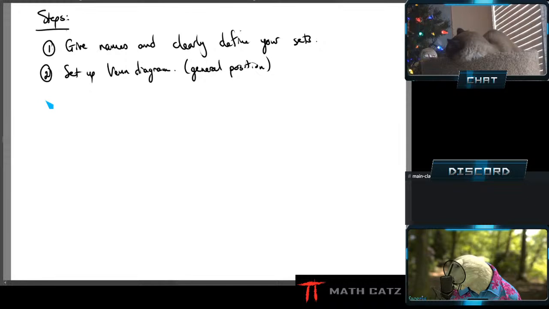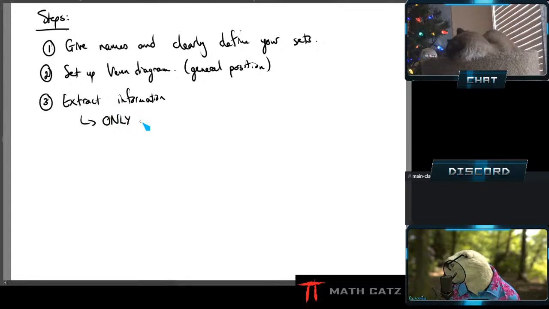I'd rather be safe. Then I want to, let's say, extract information. Ideally, I want to put it in the Venn diagram, put numbers in the Venn diagram because it's going to make things so much easier. However, capitalize that one.